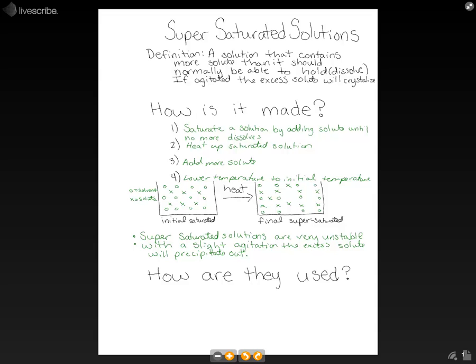One way they're used is in making large crystals by purposely making a supersaturated solution precipitate along a surface.